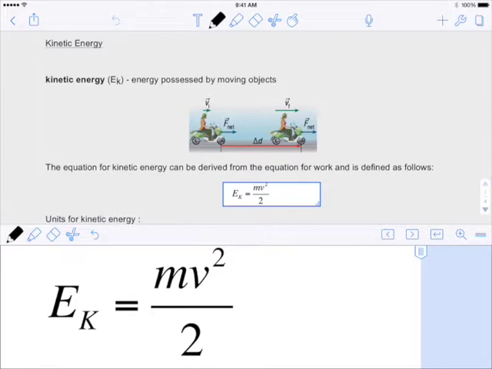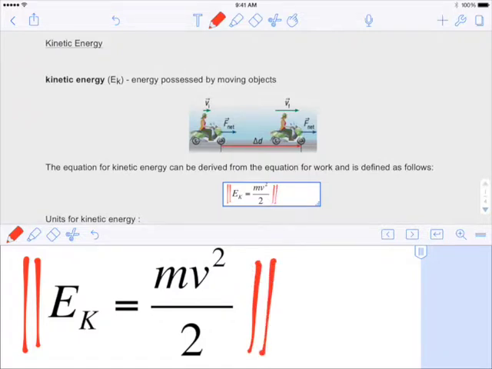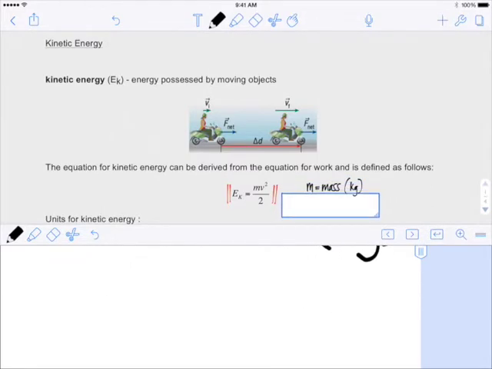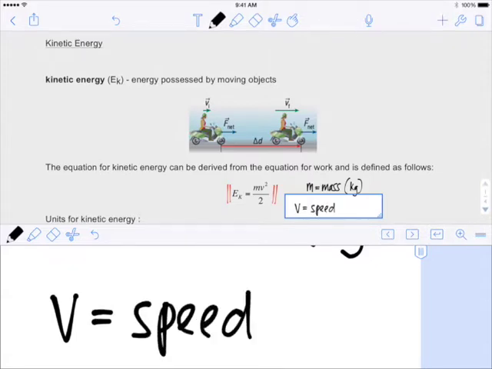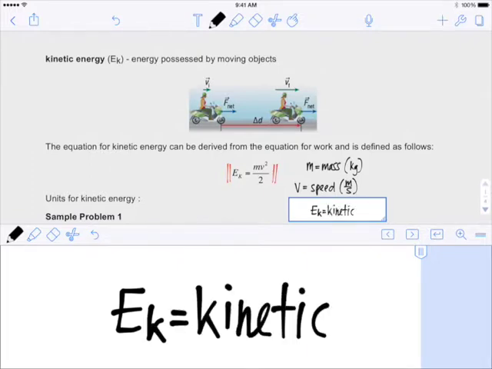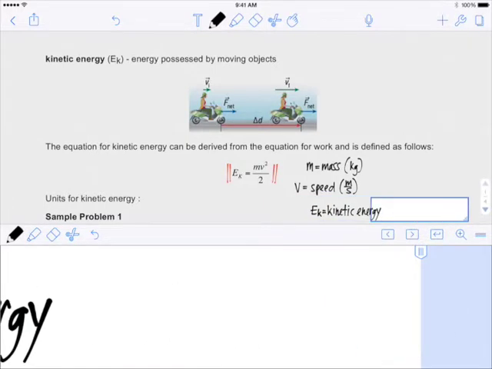The formula for kinetic energy is as follows. Kinetic energy is equal to mv squared divided by 2, where m is the mass in kilograms, v is the speed in meters per second, and Ek is the kinetic energy in joules.